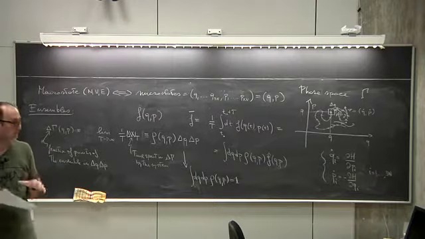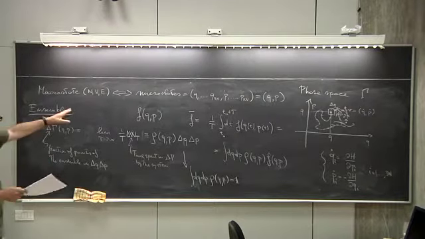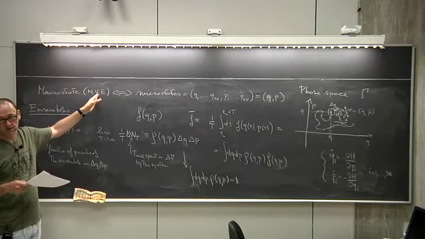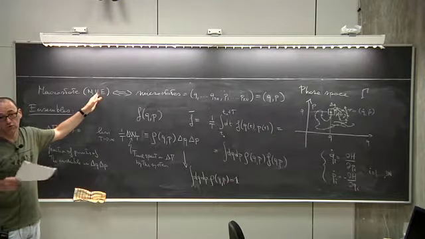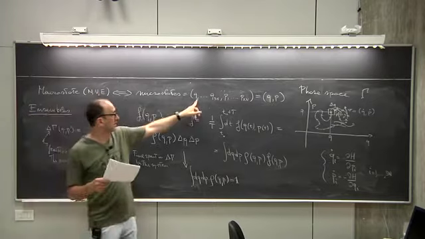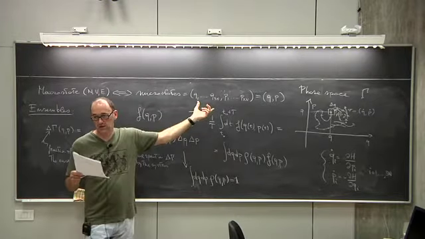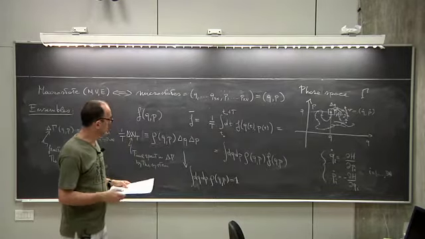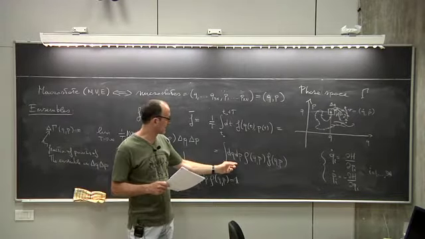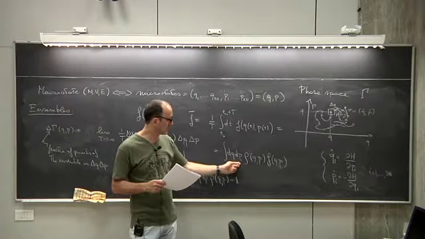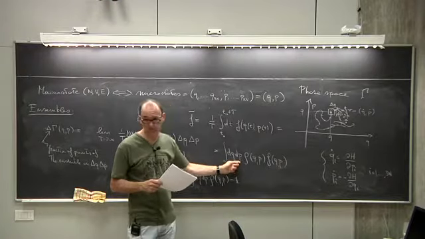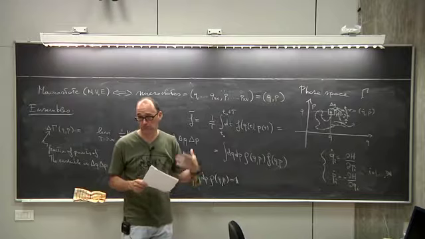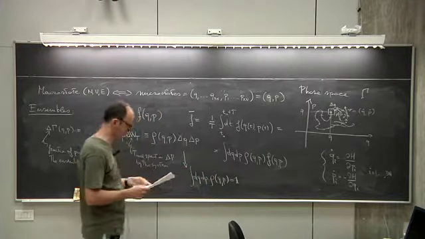Okay, so if I'm studying a system of particles in a volume V, then each of the coordinates q will be in that volume. So this means that this integral for all practical purposes will be on a finite portion of the phase space.